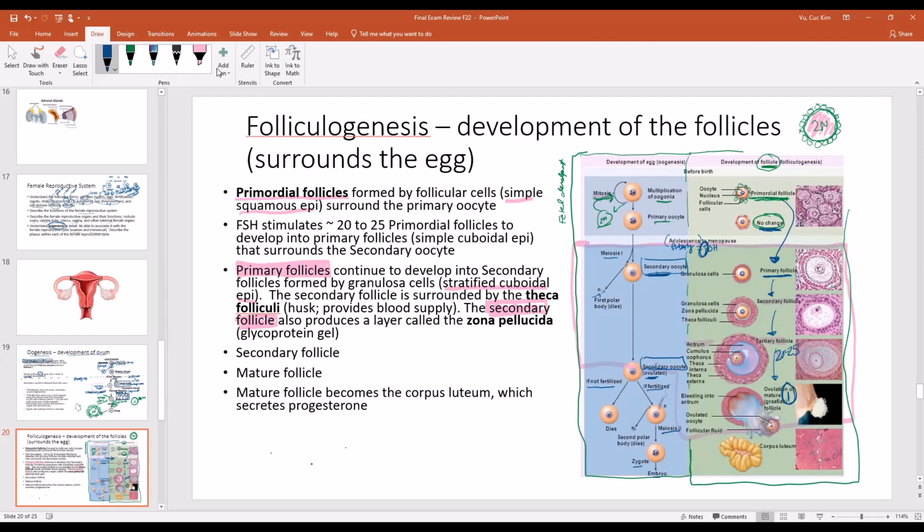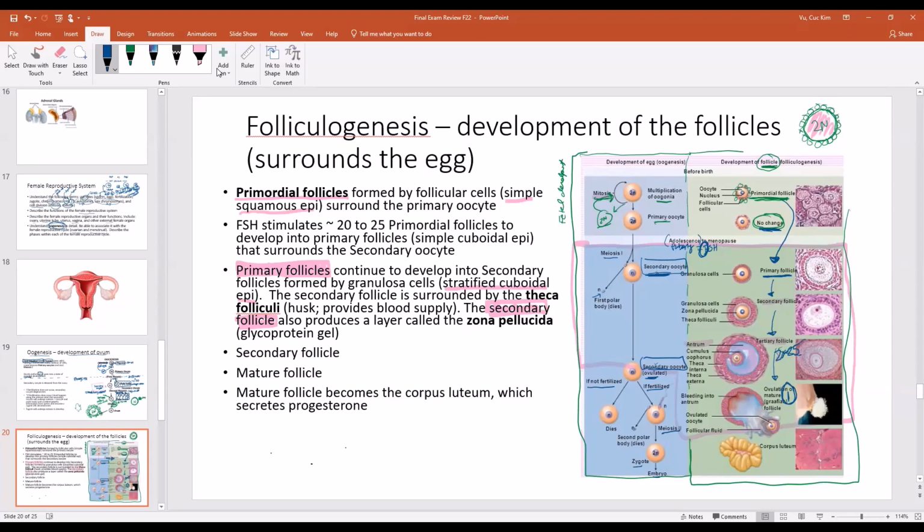The minute the first one becomes a mature follicle, it shuts down the development of the other follicles. And that's why this process determines the best secondary oocyte to be ovulated and released.